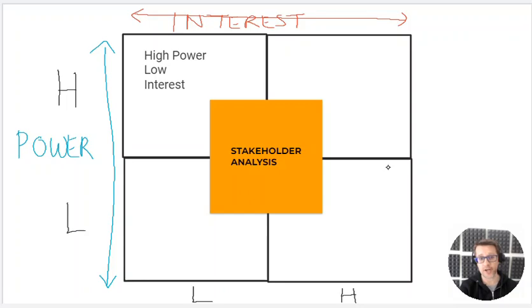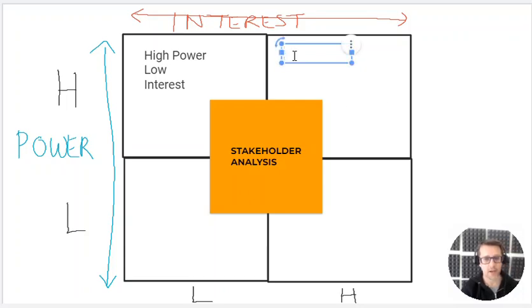So you donate money to this school, for example. So you actually have high power. And also, because your kids go to the school, you have high interest. Okay. So you're on the board of directors, or you're a governor at the school.